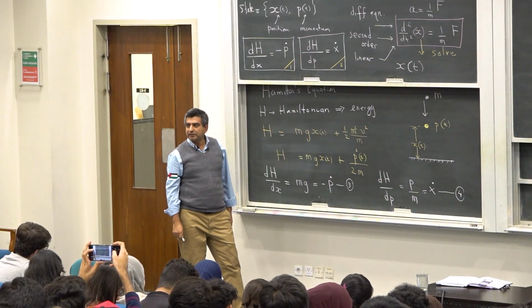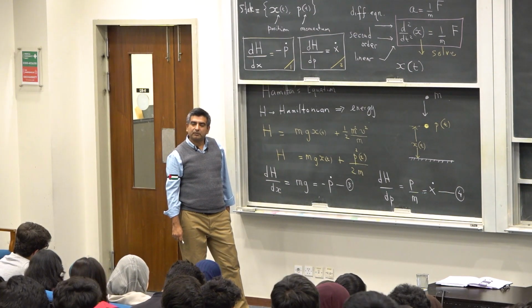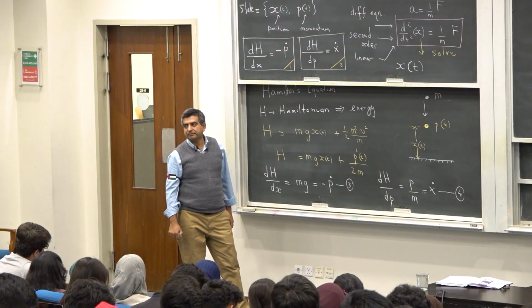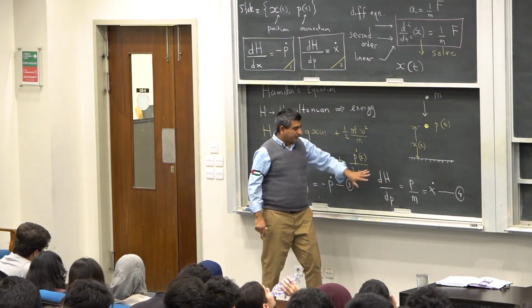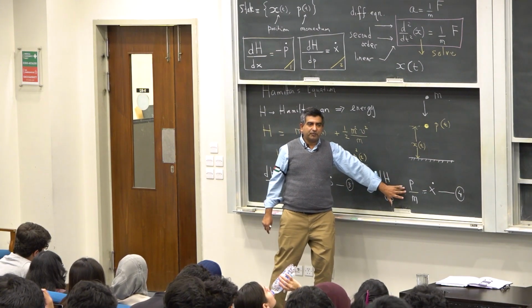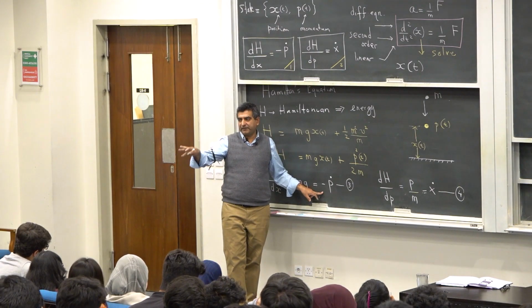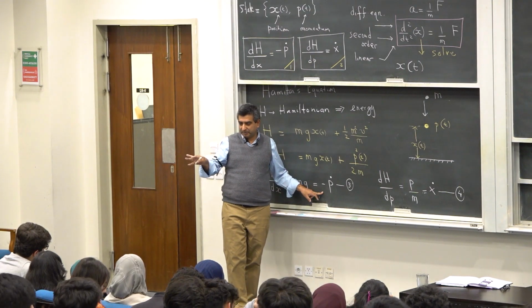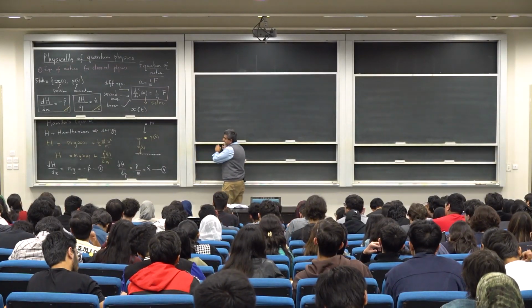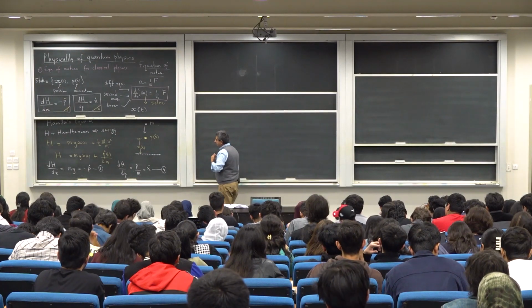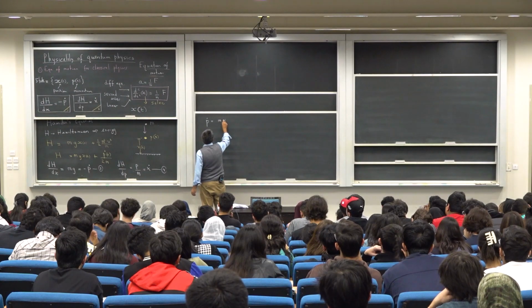Correct? Yes, please. Isn't momentum a function of position as well? We are treating them as independent variables. So p, now from this equation I can find a form for p and insert into equation number 3, so I can get rid of the p variable and just have the x variable. So what I need to do, I differentiate both sides of equation 4 with respect to time, and I get p dot equals m x double dot.